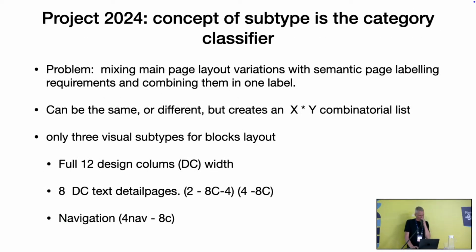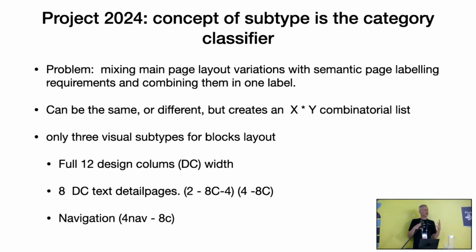In this project, we kind of moved away the category and we called it a subtype now. The challenge here was that the design agency came up with 10 to 15 different page types maybe for another CMS implementation, and I kind of mixed them up because actually there was this semantic labeling of I'm a project, I'm a tip and trick, I'm something about legal, this is something about our organization.